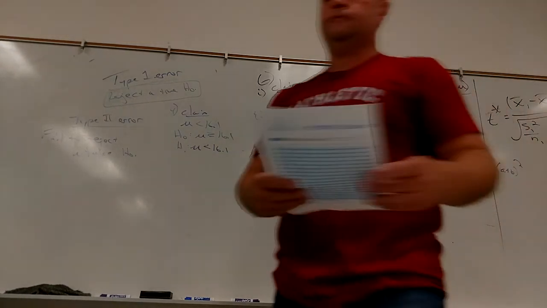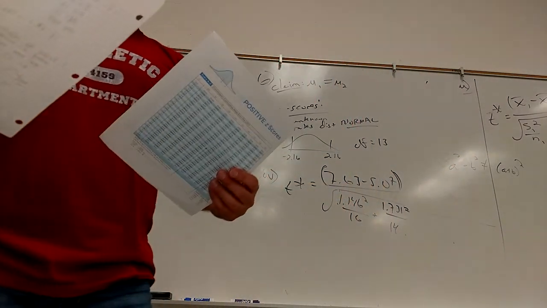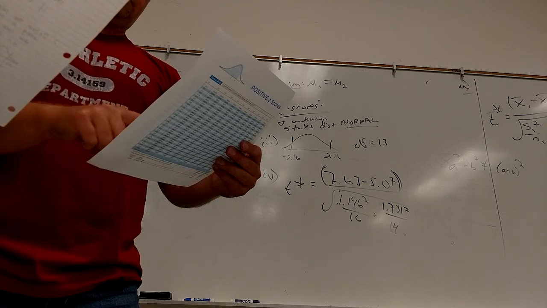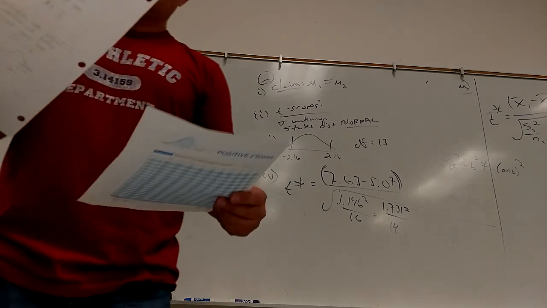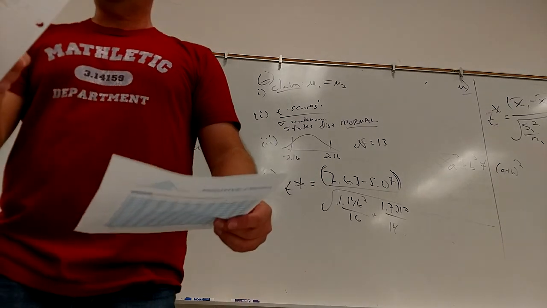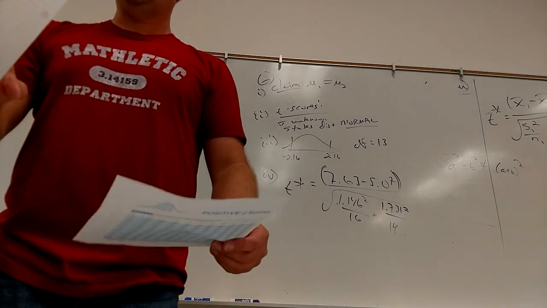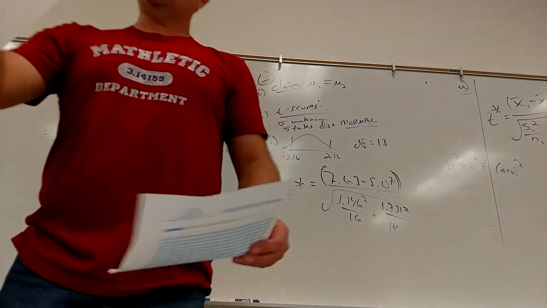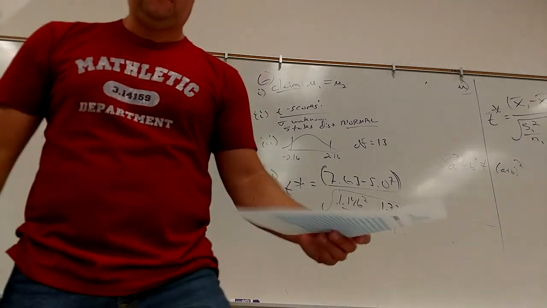So it's 0.07. 1.48. But it's not negative because it's a right-tailed test. That's a left-tailed test. So right-tailed test, same number positive, right? So it's 1.48, positive because it's above. It's on the right. Yeah. Thank you.